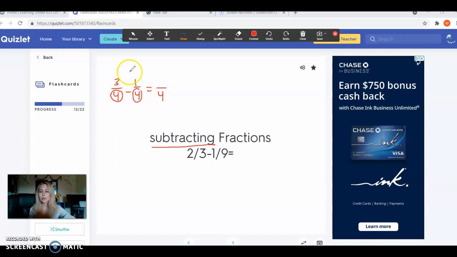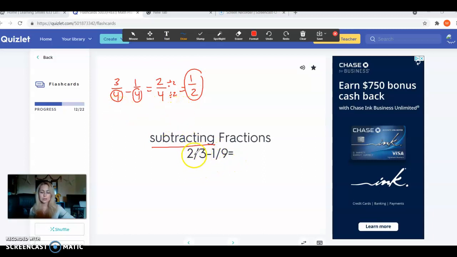We're saying 3/4 minus 1/4, so 3 minus 1 is 2. Now, if we want to reduce this even further, we ask what goes into 2 and 4. We can divide both by 2 because you always want to reduce your fractions on these tests, and you're going to get 1/2.